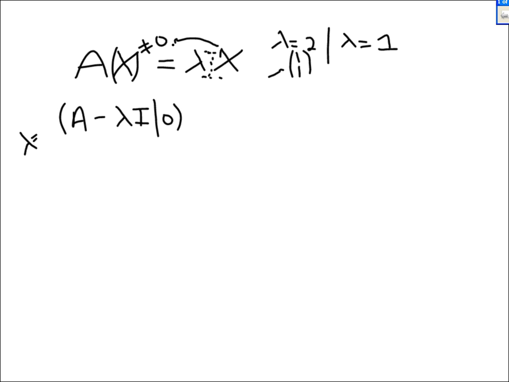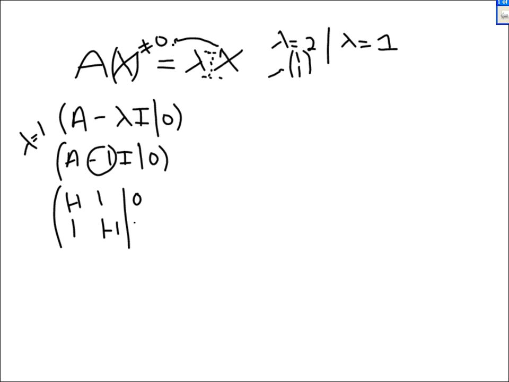And now lambda is 1. That is, we want to solve A minus 1I, or just I, augmented with 0. Well, here is A, and I have to take away 1s from the diagonal. Minus 1, minus 1. This is the system I need to solve. 0, 1, 1, 0.